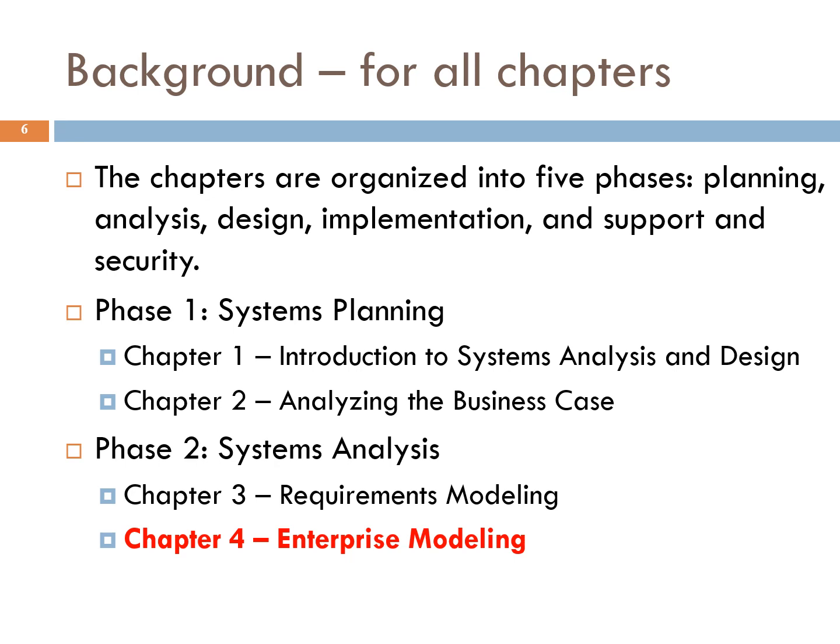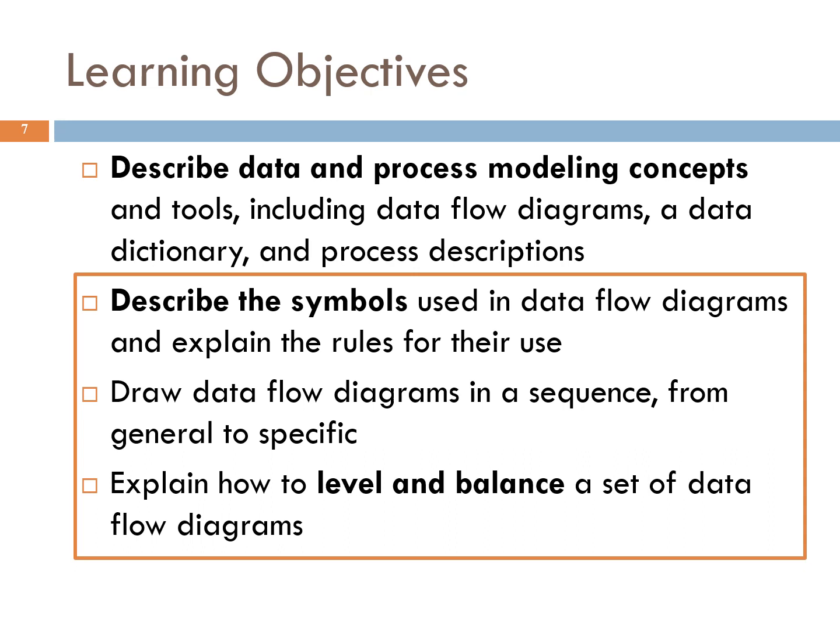Before this we have seen system planning in chapter 1 and chapter 2. The learning objective is to look at the symbols, look at the DFD, and the terms leveling and balancing.